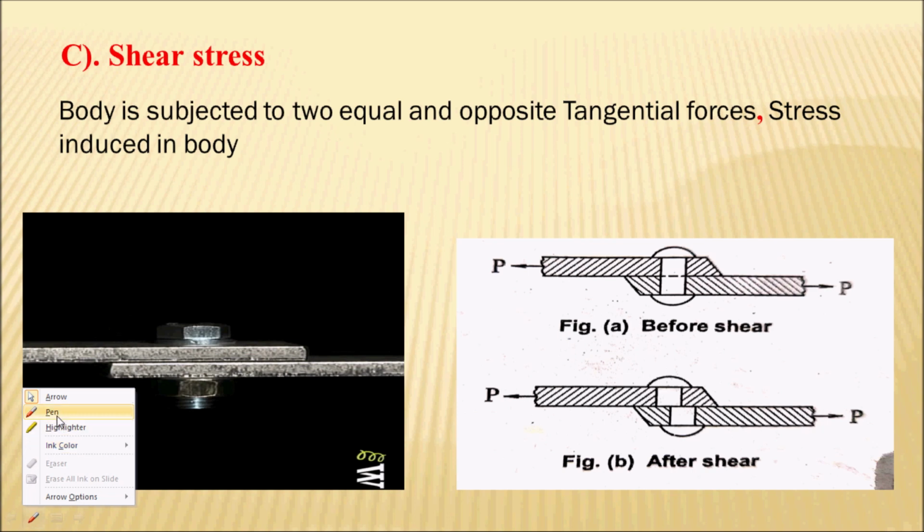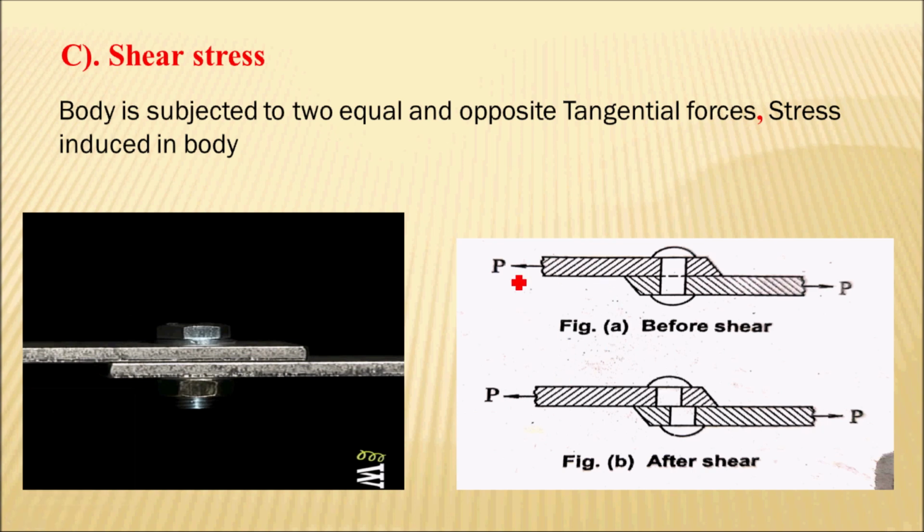Here you can see there are two plates connected by a rivet, and two equal forces P are applied on these plates, due to which shear stress is developed, and the rivet may shear off across the section. Here you can see the rivet is sheared off after applying the load.